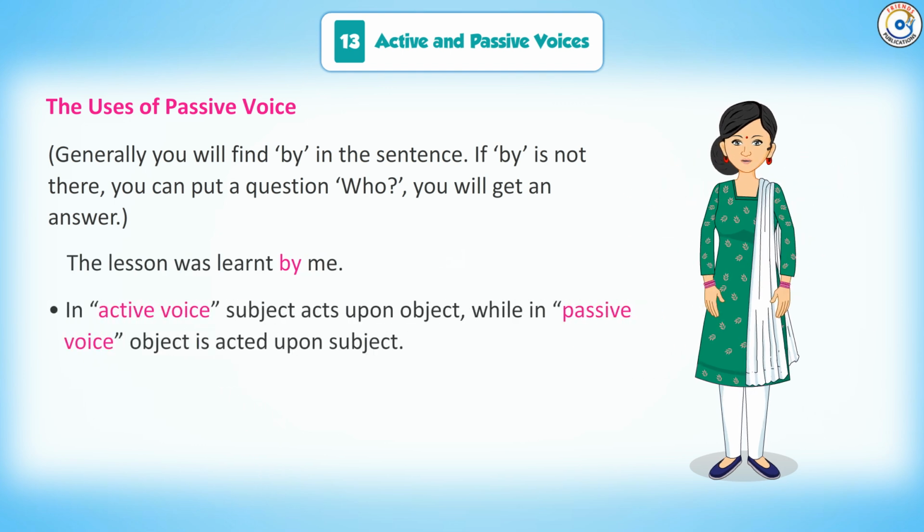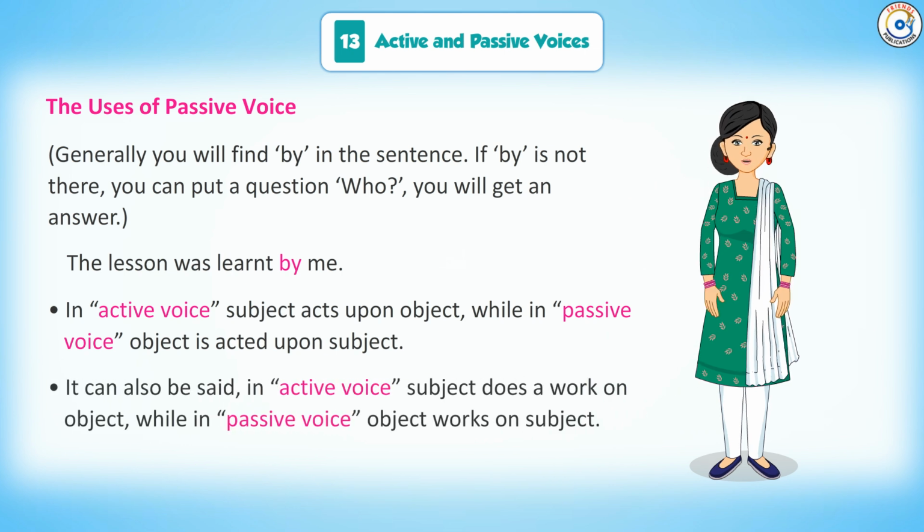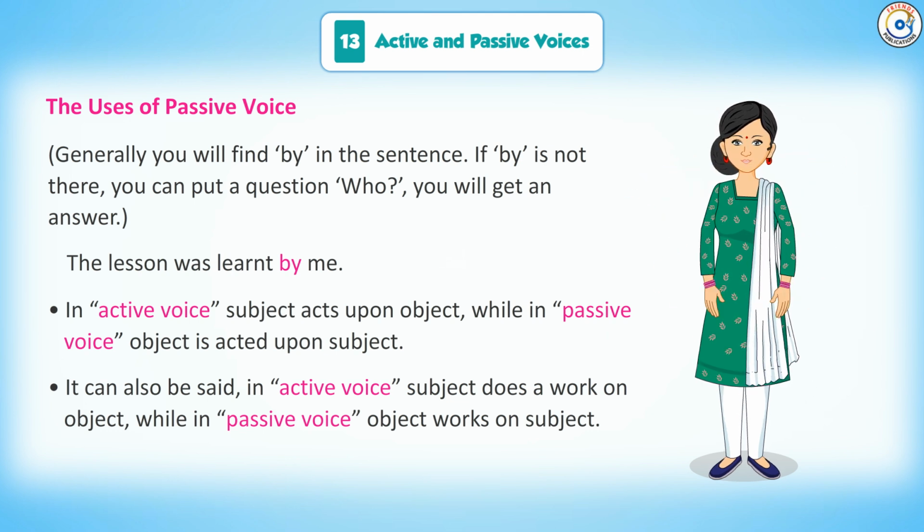In active voice, subject acts upon object, while in passive voice, object is acted upon subject. It can also be said in active voice, subject does a work on object, while in passive voice, object works on subject.